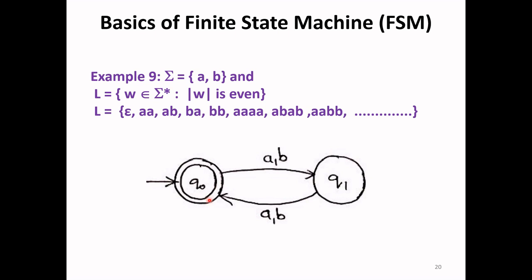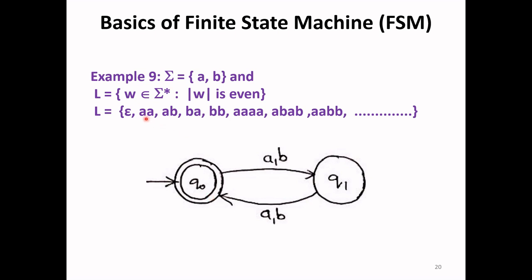So the same logic is applied here. When I come across an A or a B, it will go to the intermediate state. When I come across another A or B, that is, string length is 2, it will go back into the loop to Q0, which is the final state.